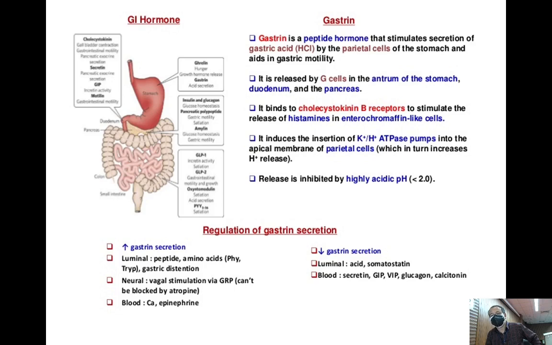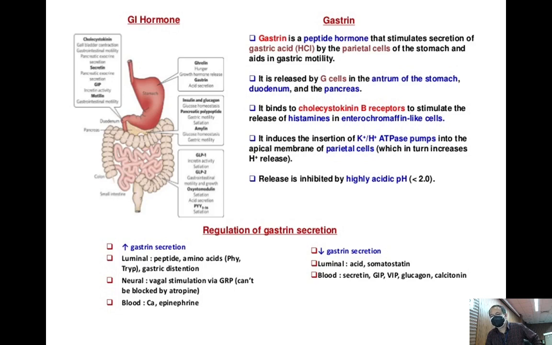These are very strong amino acids that can stimulate the G cell and potentiate the secretion of gastrin. Then you have neural control, vagal stimulation via GRP, and for that reason it cannot be blocked by atropine, because it's not via acetylcholine.